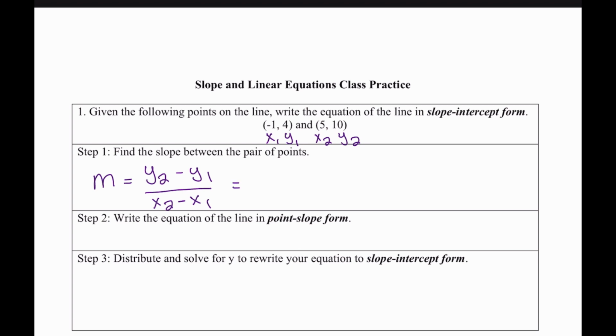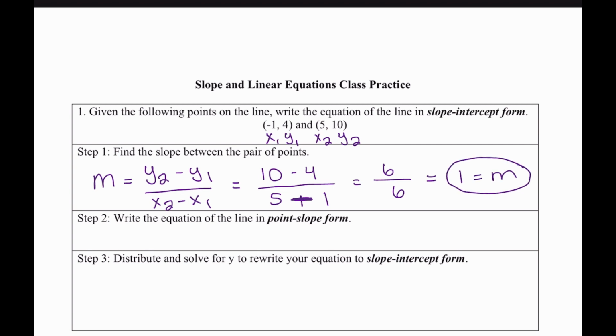When I plug in these numbers, I'll get 10 minus 4 all over 5 minus negative 1, which will turn into a big plus. 10 minus 4 is 6, and 5 plus 1 is 6. And then if I simplify, 6 divided by 6 is 1. So 1 is my slope.